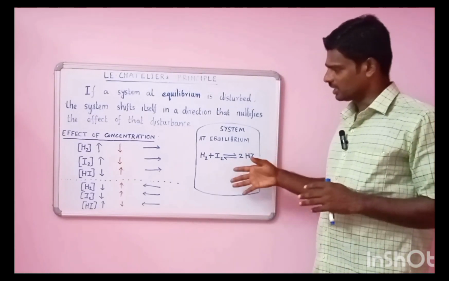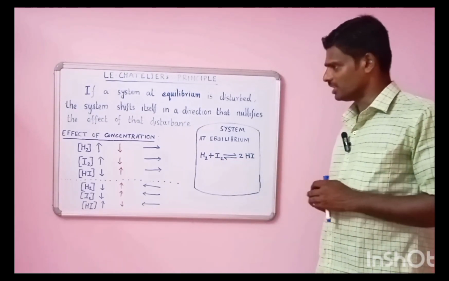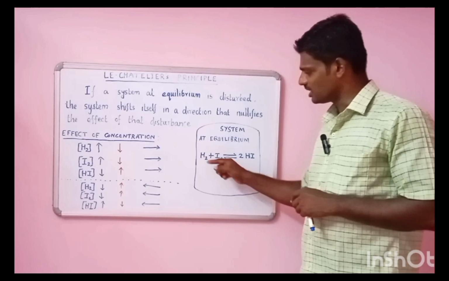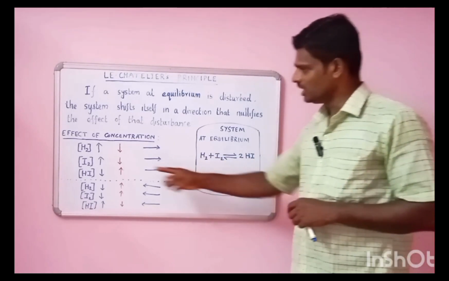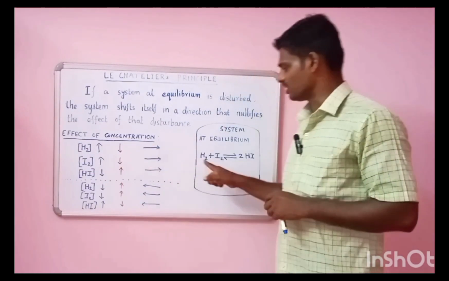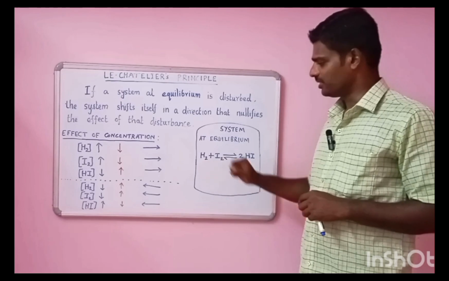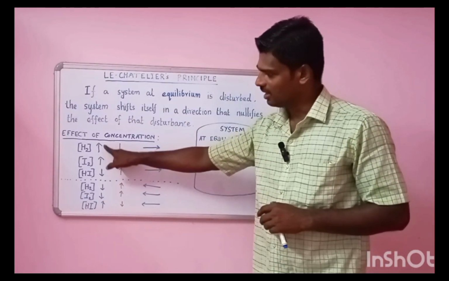For example, we have hydrogen and iodine reacting together to form hydrogen iodide, and we have concentrations of hydrogen and iodine. We will take the first step: if we increase the hydrogen concentration, this is the change done by us.